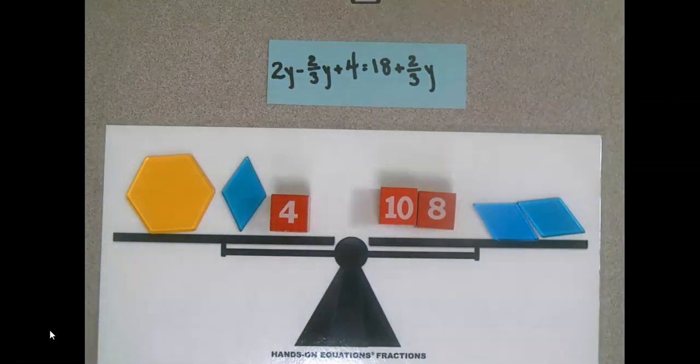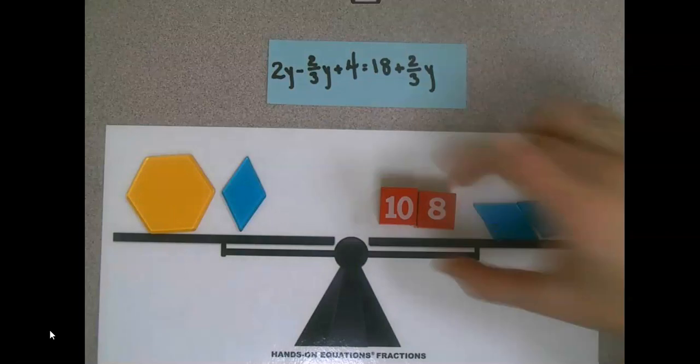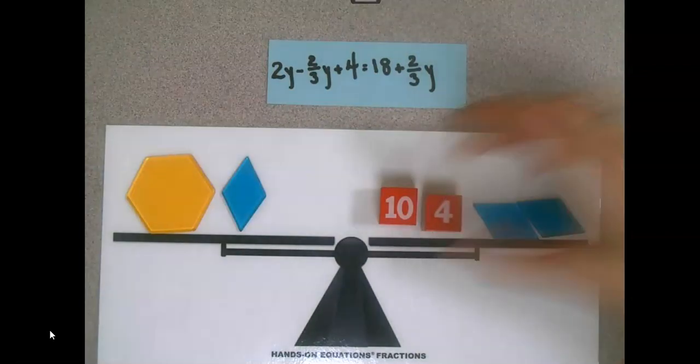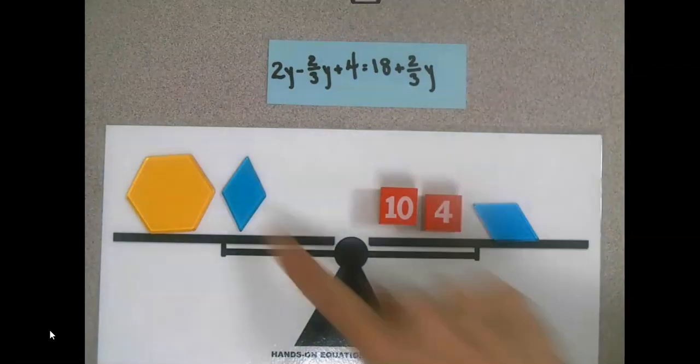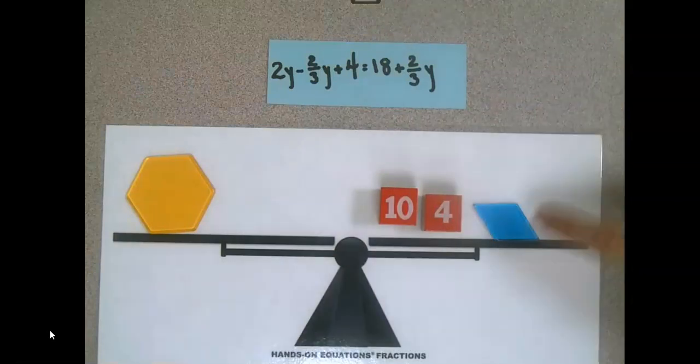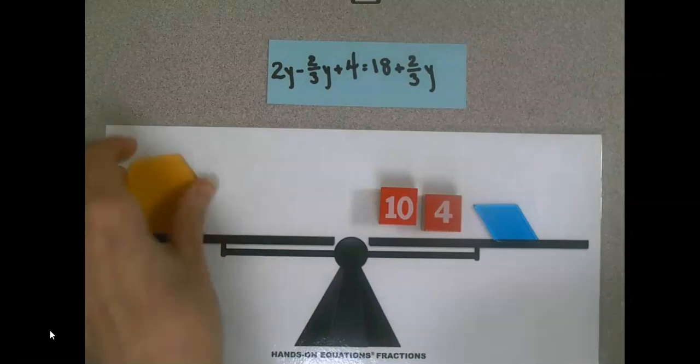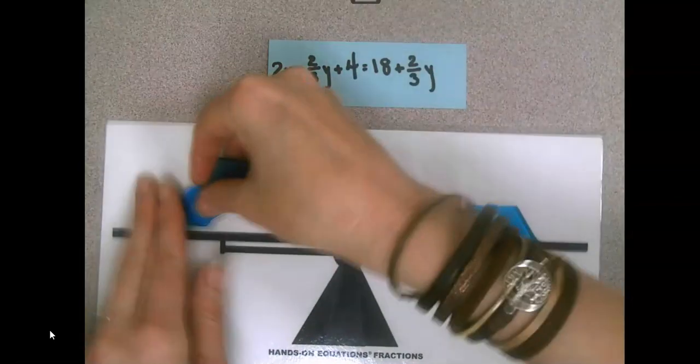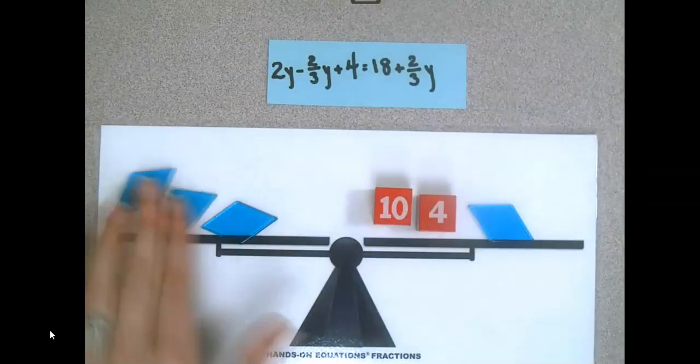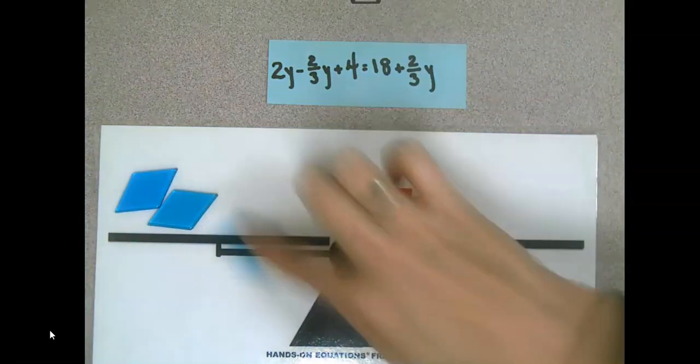All right, so now I can go ahead and start performing my legal moves, and I will start by removing a 4 from this side, which leaves me with 14 on this side. I can remove 1 blue block here and 1 blue block here, but I still need to get rid of this blue block, so I can replace this also with 3 blues, and then I'm able to remove 1 from each side.